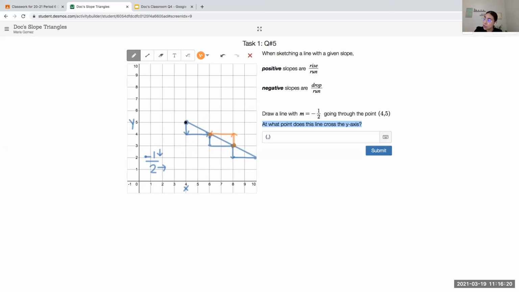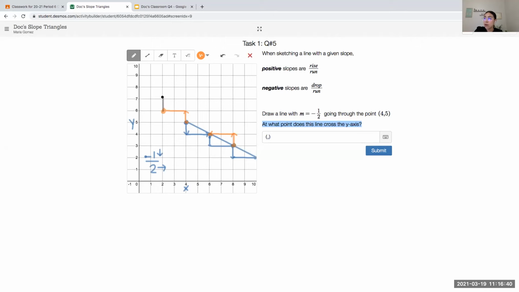So if I go back to our point where we started, 4, 5, and if I do the exact same thing, if I do the opposite, I should be able to get points on the other side to make my line longer. So I'll go 1, 2 to the left. That gives me another point there.